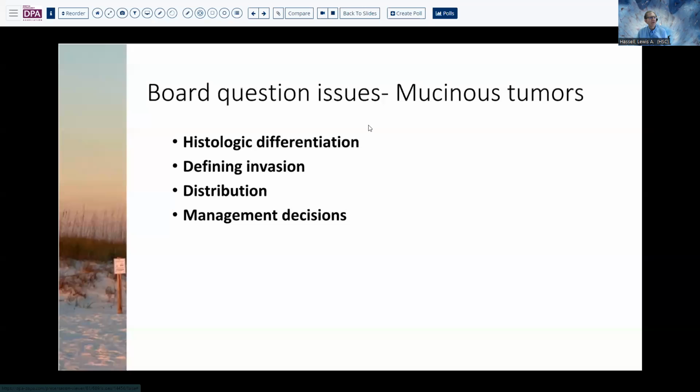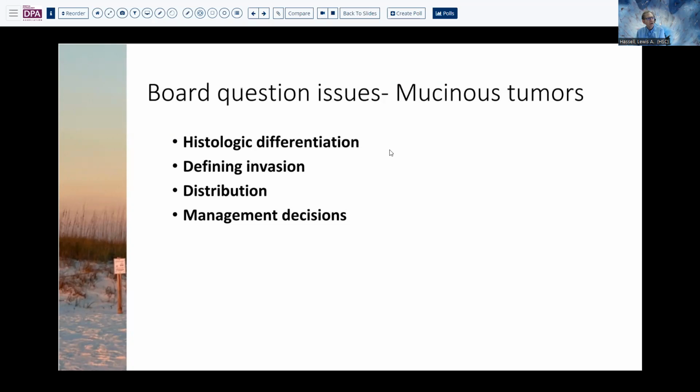Okay, so then just to summarize on mucinous tumors in the pancreaticobiliary tree, understanding the variants that we see, intraductal papillary mucinous neoplasms or mucinous cystic neoplasms, so that basic thing, and how to distinguish those on the basis of the stroma.